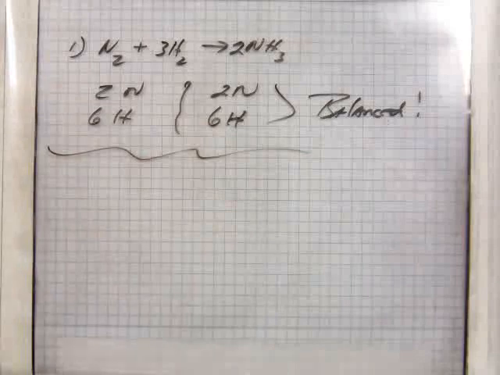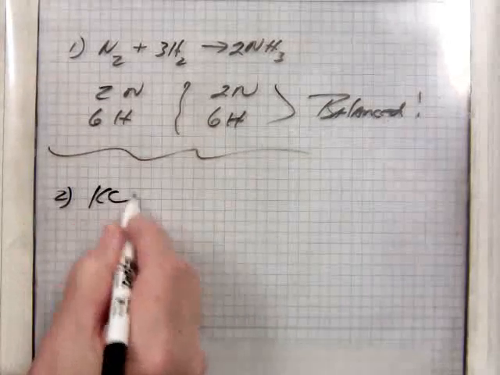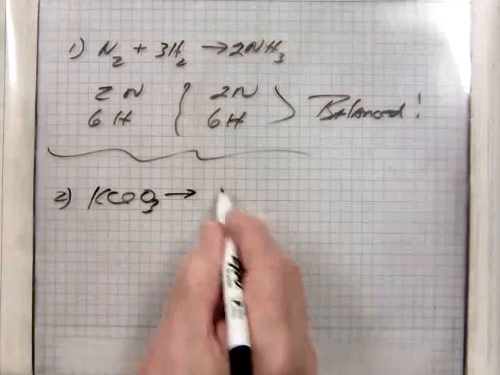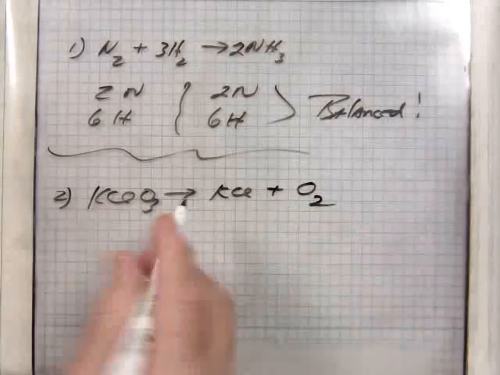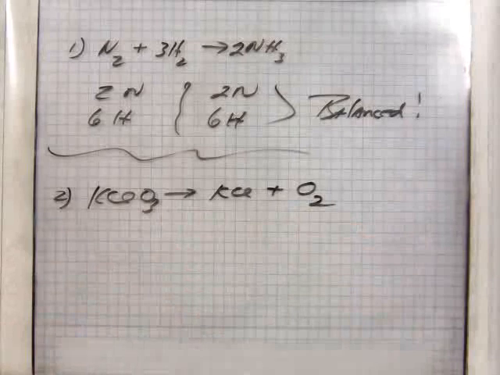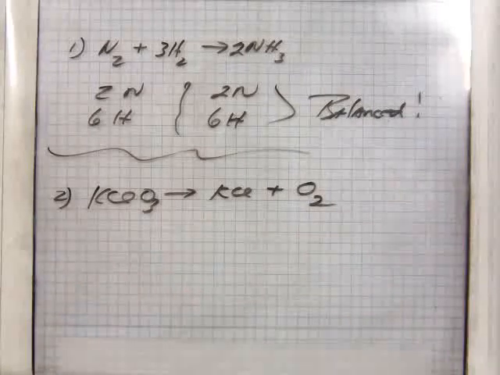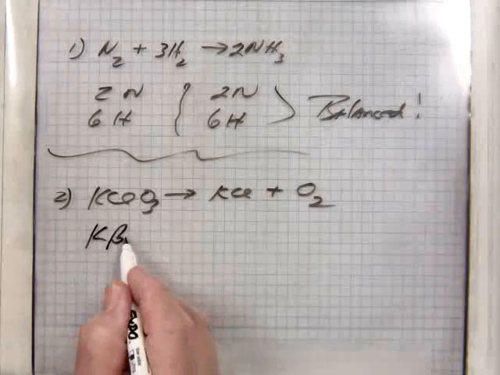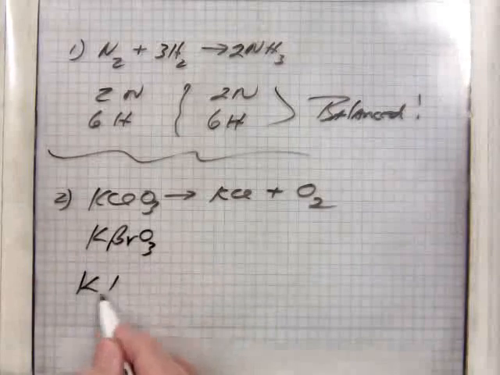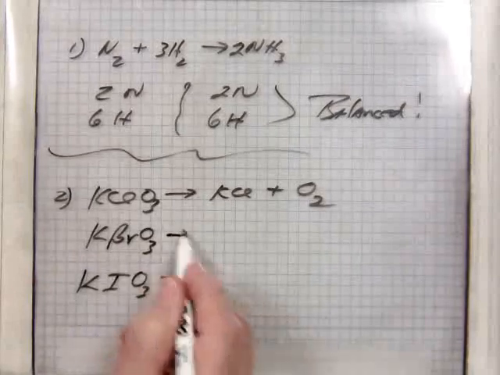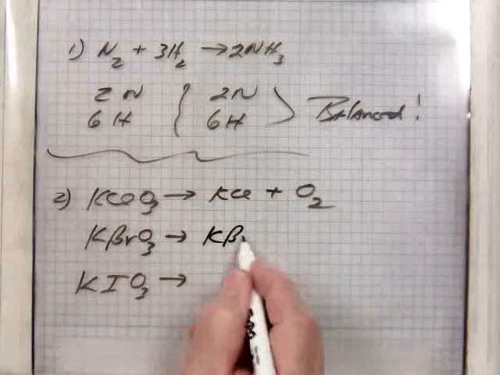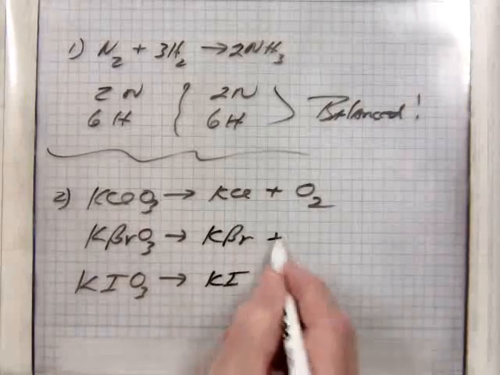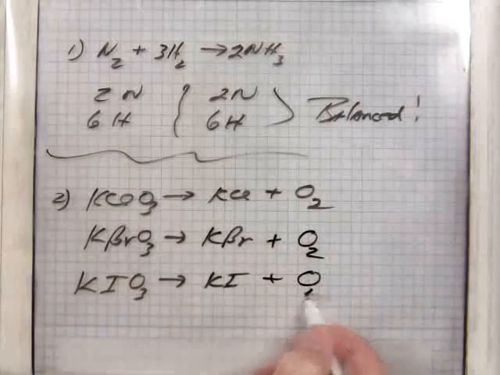Here's that KClO3 we just did. Also, just to remind you, in the polyions we talked about an analogous series where you have K, and you can substitute the halogens, and they will generate the same types of compounds, KBr and KI plus O2, like that.